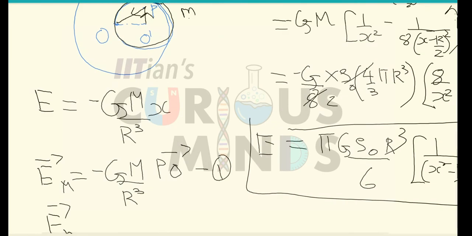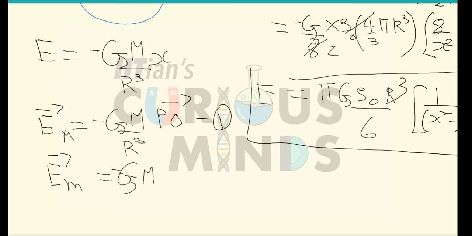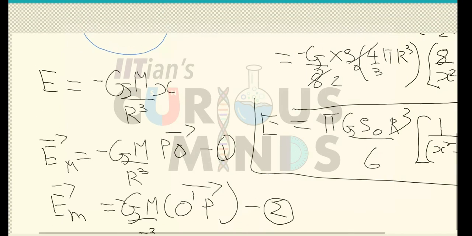From the center it is at a distance of O dash P vector, so it is equal to minus GM divided by r cube into O dash P vector, which is option number 2.